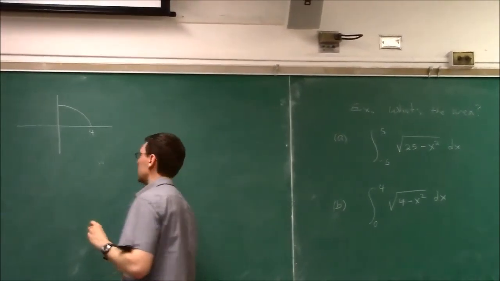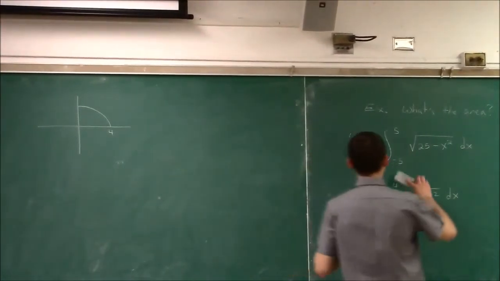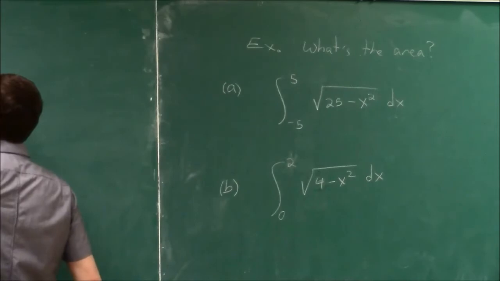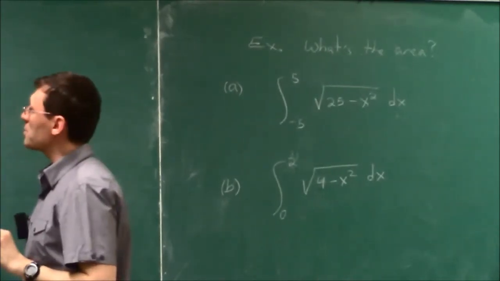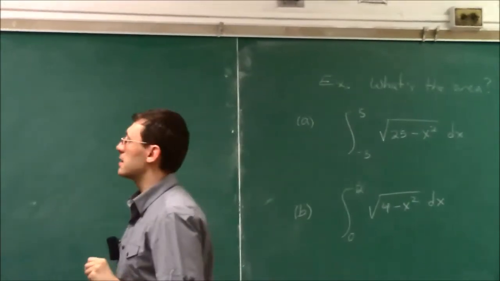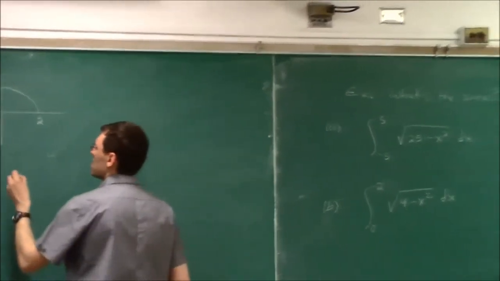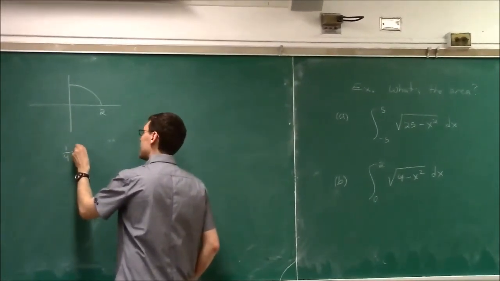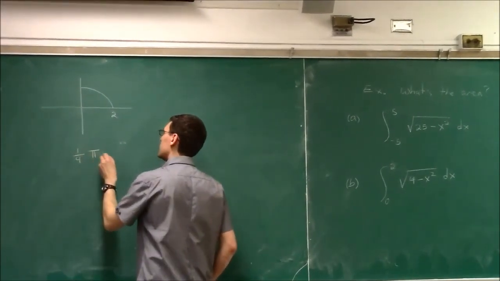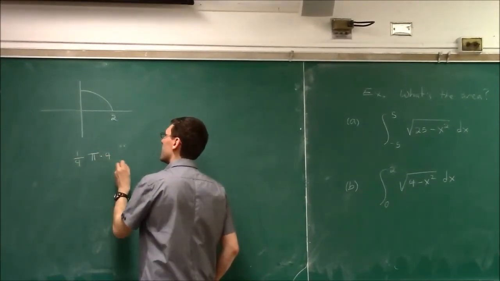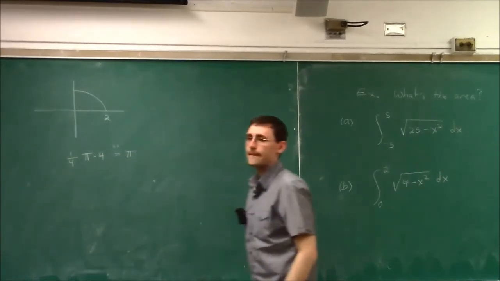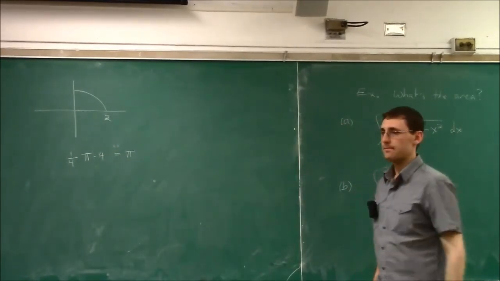I made a mistake there. I meant from 0 to 2. From 0 to 2, the radius is 2. So the area is 1/4 pi times 2 squared, which is 4. So the area is simply pi. Okay?